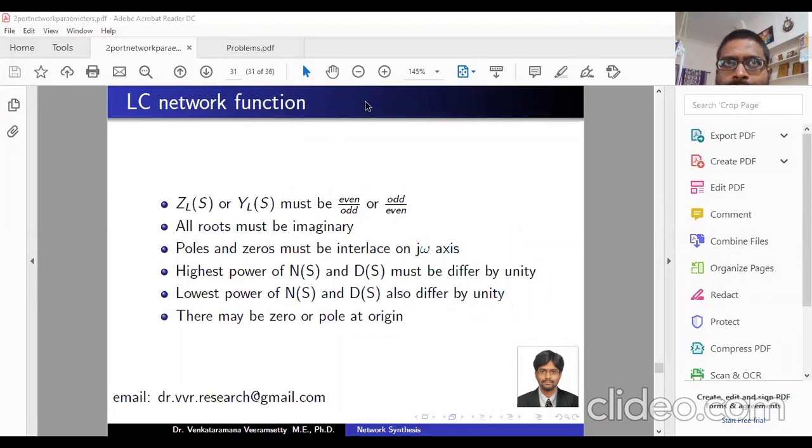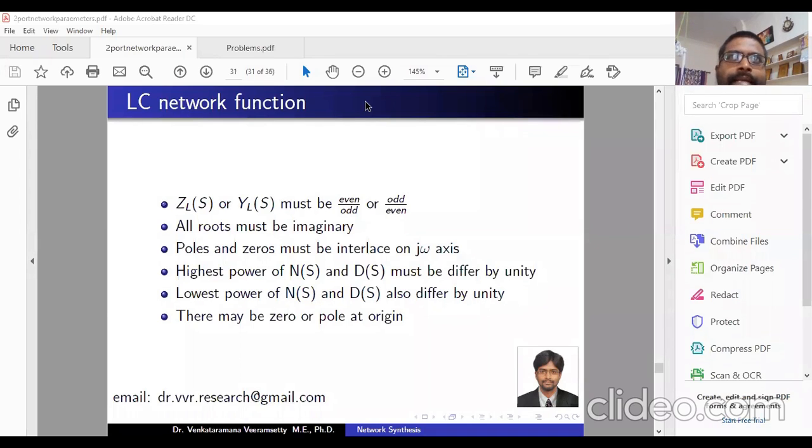LC network function means the network containing only inductor and capacitor, and the network function is either the driving point impedance or driving point admittance function of that network, which consists only of inductor and capacitor. So that LC network function may be an LC impedance function or an LC admittance function.